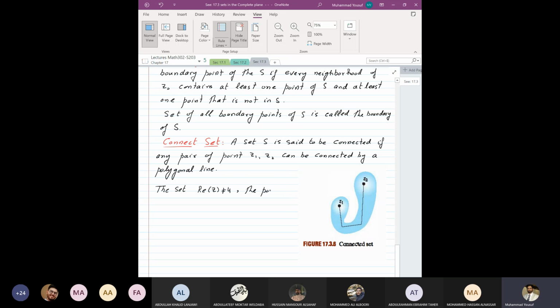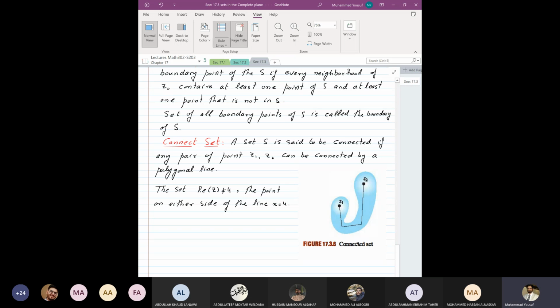Real part of z is x, so x equal to 4. The points which have real part equal to 4 are not in the set.